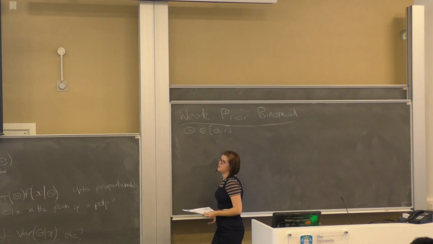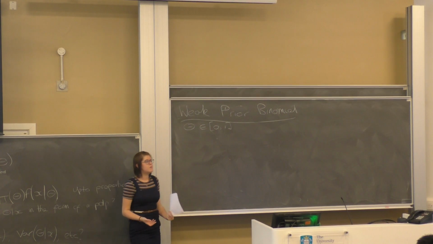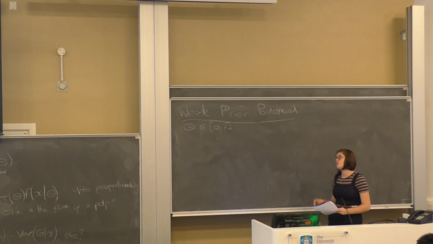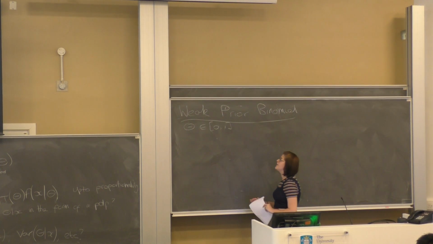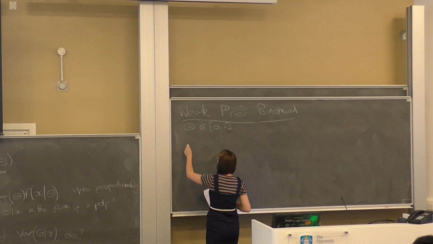So if we were to know nothing about theta, how can we represent that in terms of a distribution? We might choose a uniform distribution, and then we have this equal probability across our whole range of what theta is.